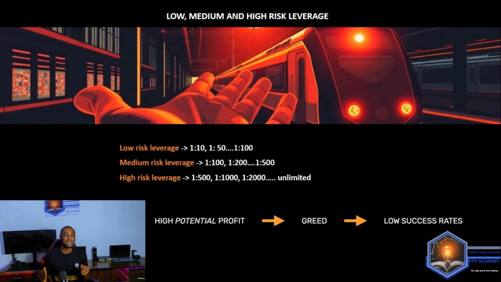And that is why I was saying that any trader that is a little bit experienced or has more capital should always go for low risk leverages, so that even if you mistakenly place a trade without a stop loss, when it reaches a certain predetermined level, the market will cut you out and leave the remaining money in your account, rather than using a leverage where you just blow off your account to $0. That is going to be so frustrating, and you have to start all over again.